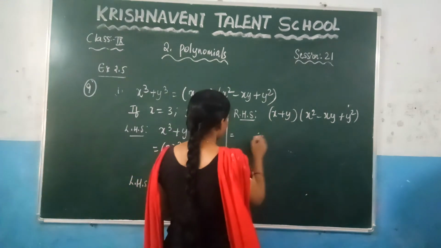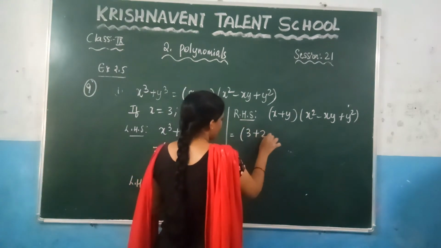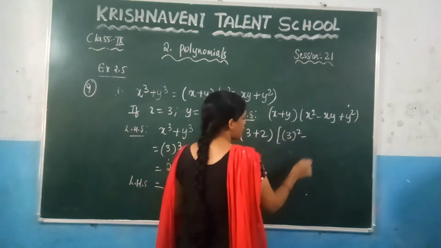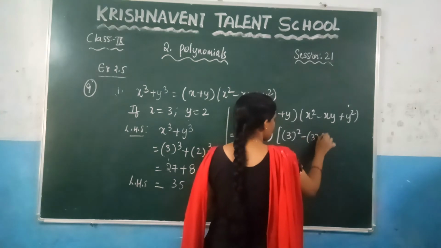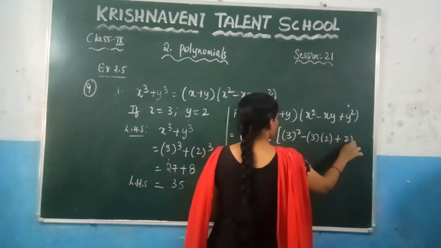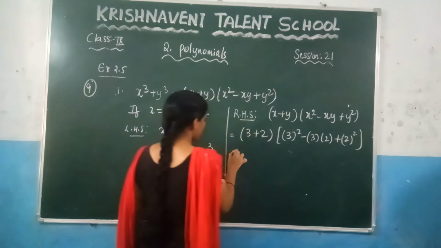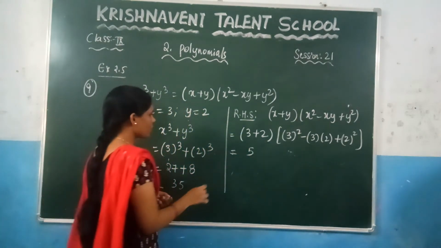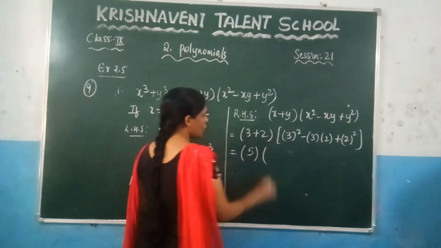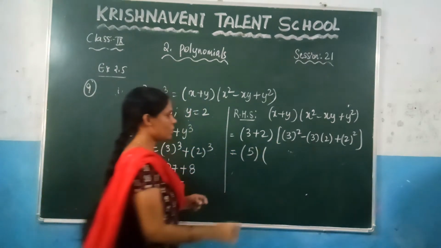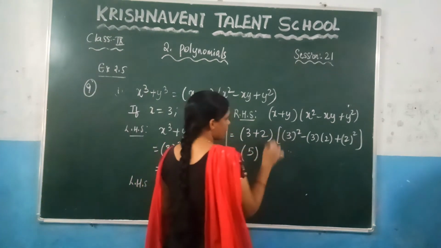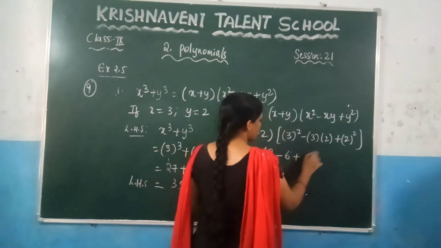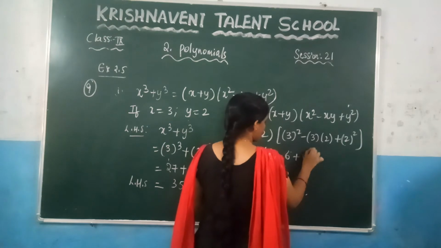So write it here, 3 plus 2 into x square, which is nothing but 3 square, minus xy, which is nothing but 3 into 2, plus y square, which is nothing but 2 square. So what is the value of 3 plus 2? It is 5. Now check what is the value of 3 square, which is 9, minus the value of 3 into 2, which is 6, plus the value of 2 square, which is 4.